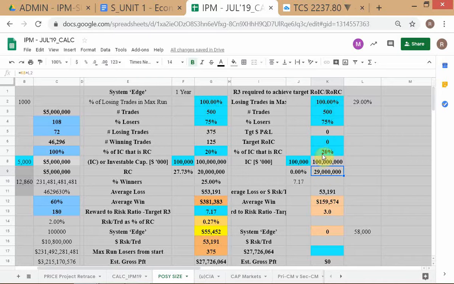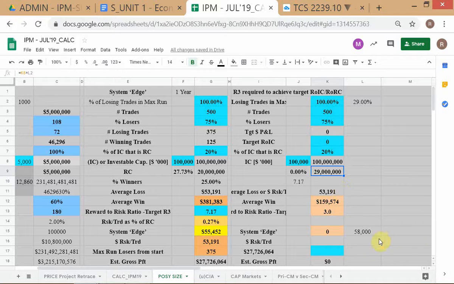I already know the number of trades, the percentage losers, therefore percentage winners. I know my average loss, but I don't know the average win. So my problem is, what R3 should I shoot for if I have to meet the investor's expectation? Are you following? Yes. Okay.